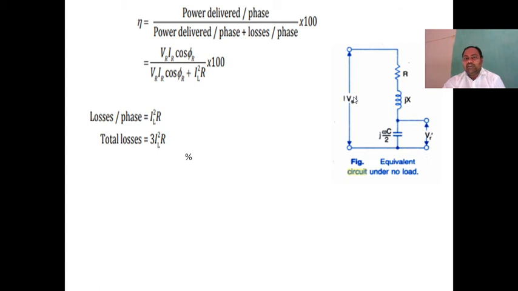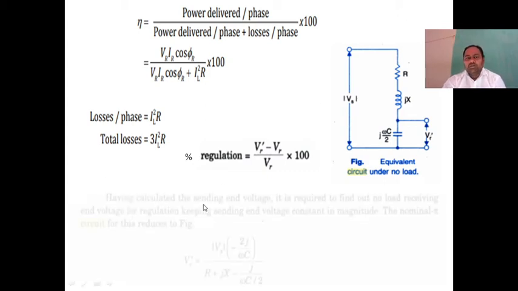The total voltage is Vs. This voltage is VR dash. What is VR dash? Clearly, the receiving end voltage under no load condition. How do we find VR dash? Apply the voltage division rule, and we can get VR dash very easily.